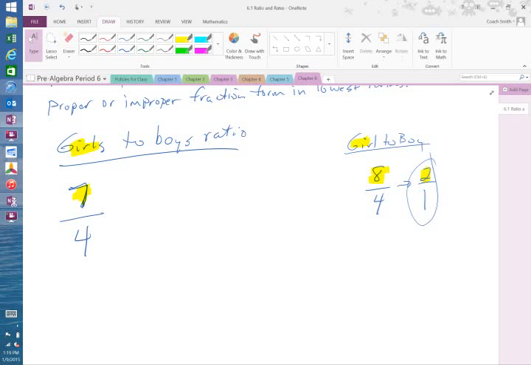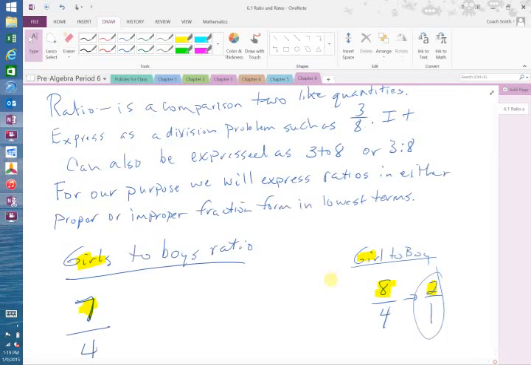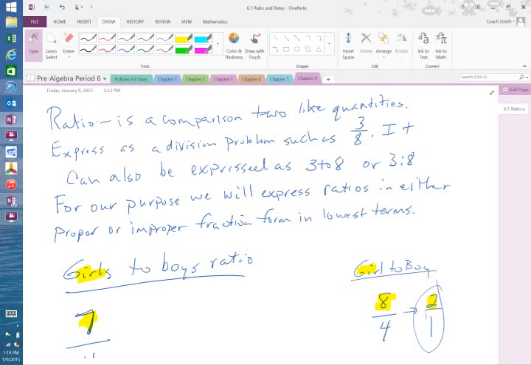It is a comparison of like quantities. For example, like quantities does not mean like feet, yards, ounces, stuff like that. It means any kind of, for example, our boys to girl or girls to boy ratio. Those are people. They're the same quantity.